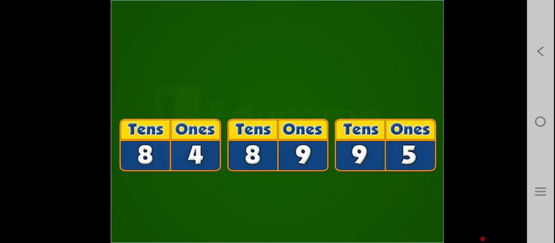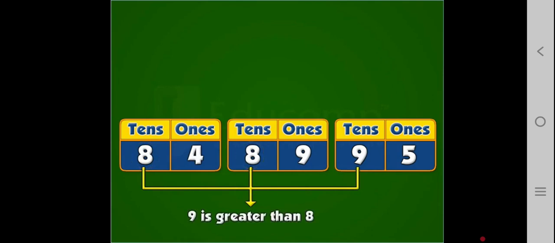When you compare the number in the tens place, you will find that the numbers in the tens place for 84 and 89 are the same and equal to 8. And 9 is greater than 8. Therefore, 95 is the greatest number of the three. Now let's compare the ones place for the rest of the numbers.